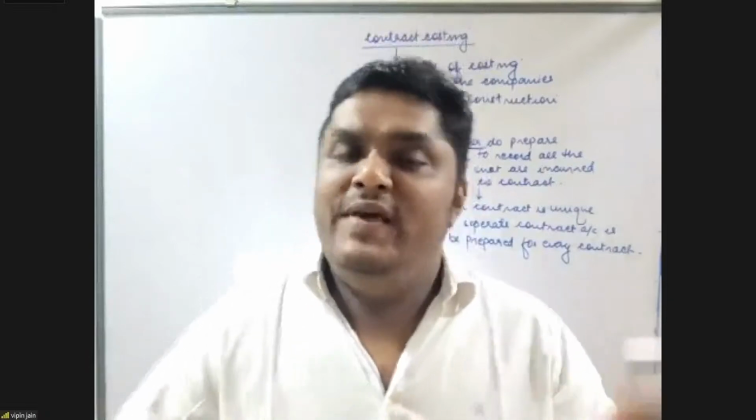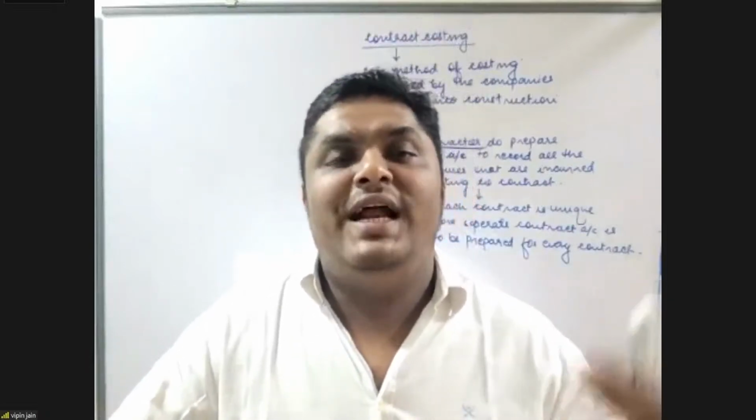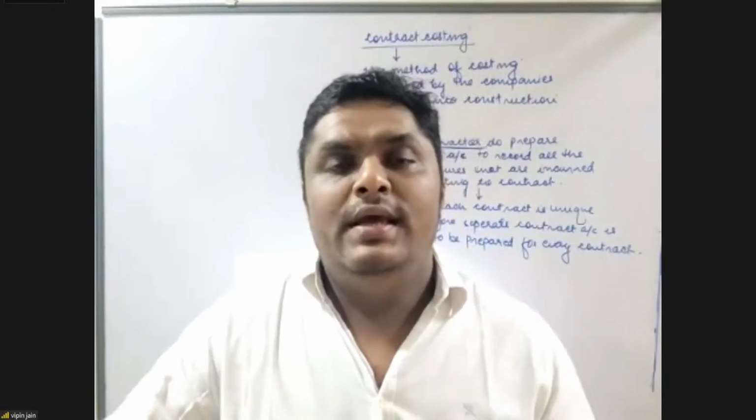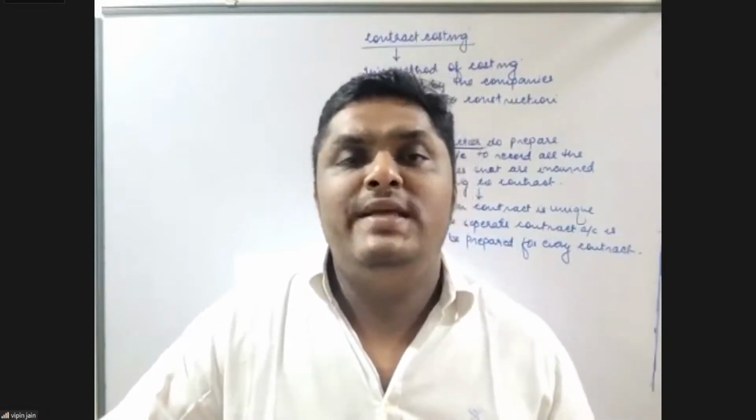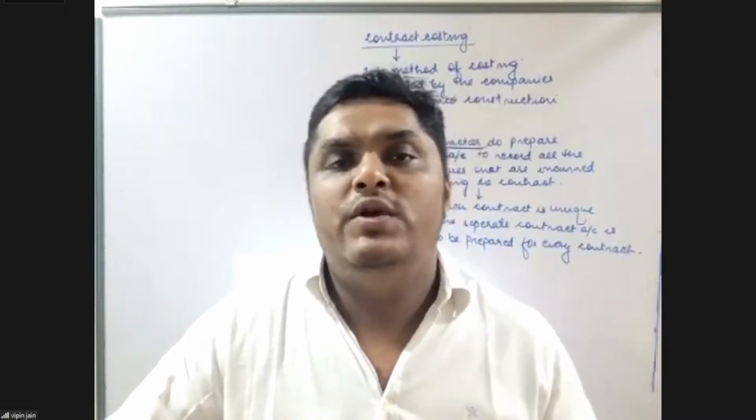So we are starting with contract costing. Now, before starting with the practical questions, let me discuss a few points, important terms we'll be using throughout this chapter. So let's start.